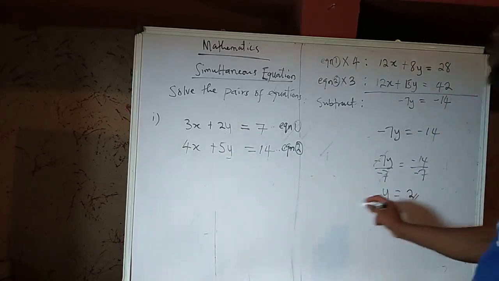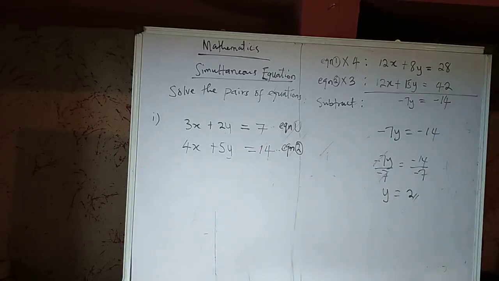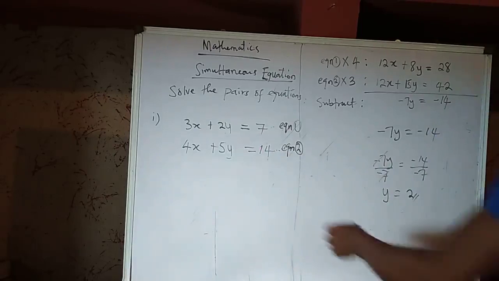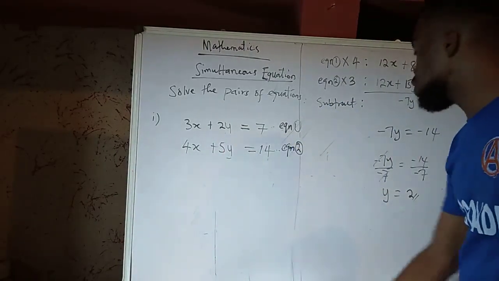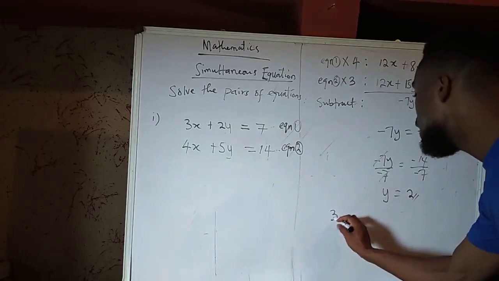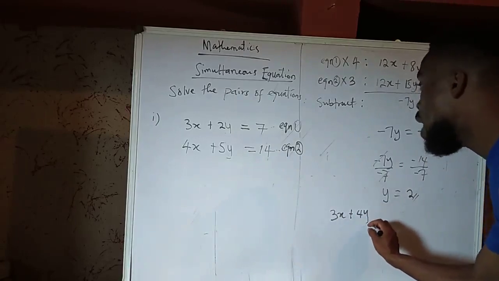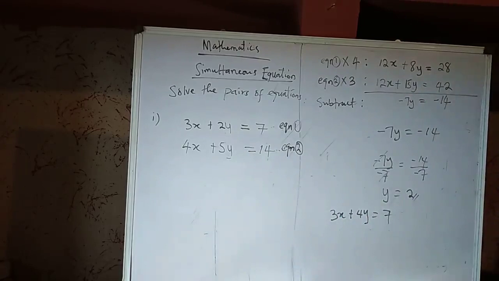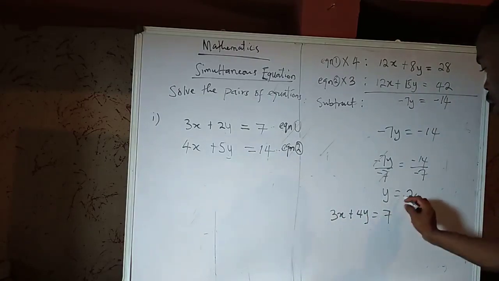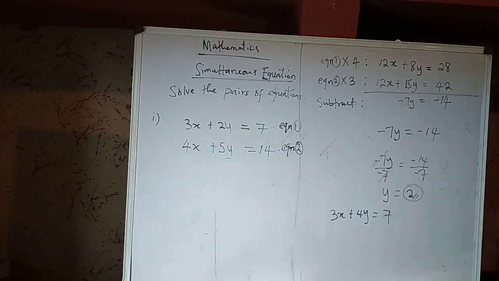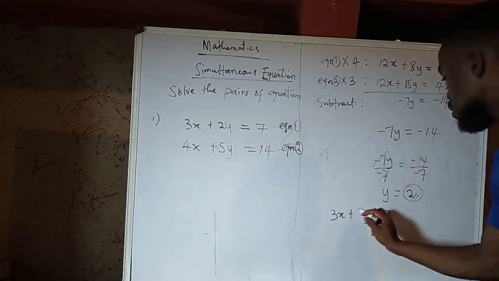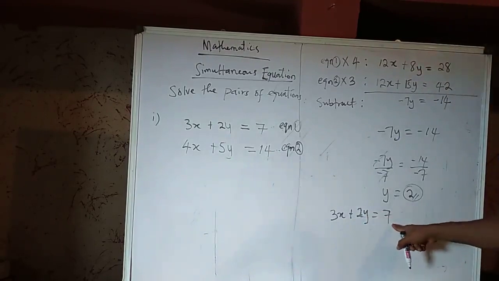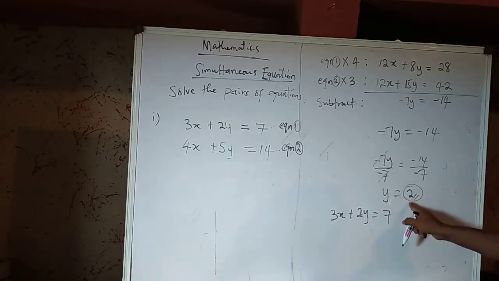To find x, we can use either of equation 1 or equation 2. Let's say we are using equation 1. Remember here we already have that 3x plus 2y is equal to 7. Note that y is already 2.